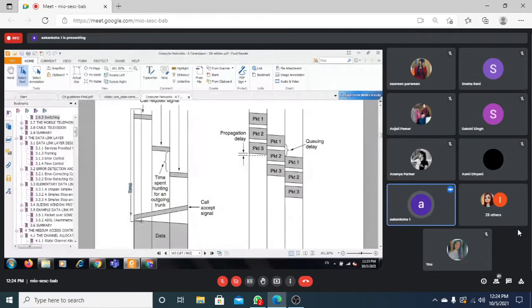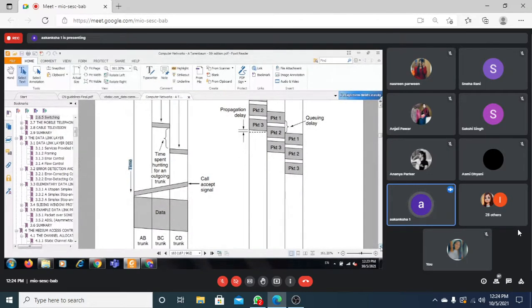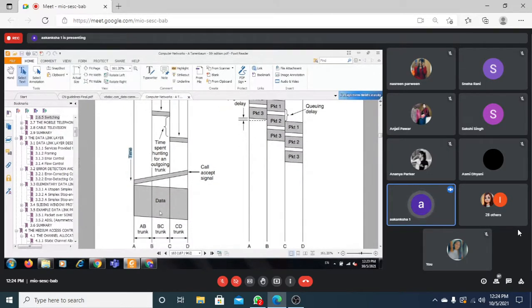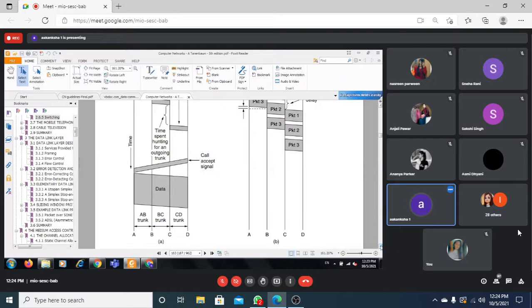You can see this is the time axis. So much time will be taken in establishing and finding an actual physical path, and then the actual data transfer can take place. So this is the A to B path. These are four basically hops.